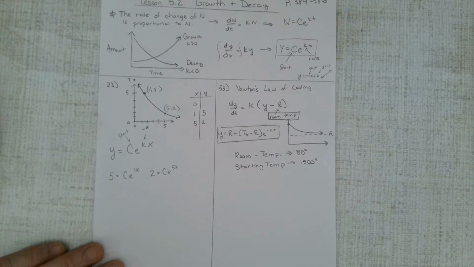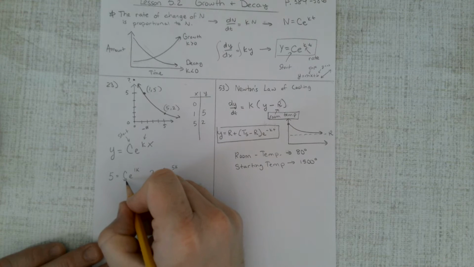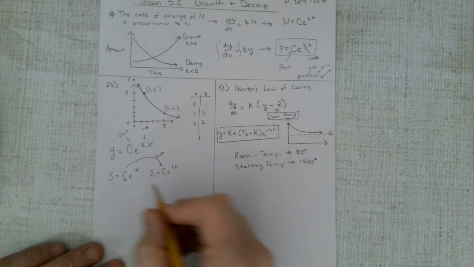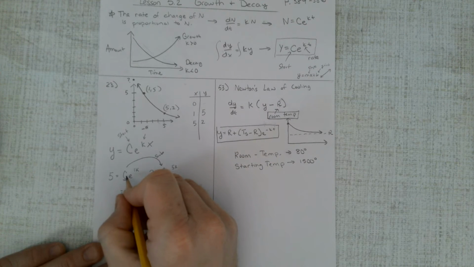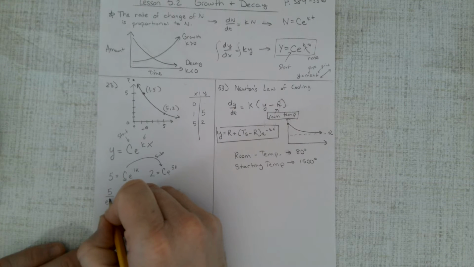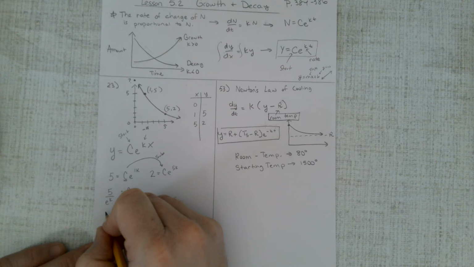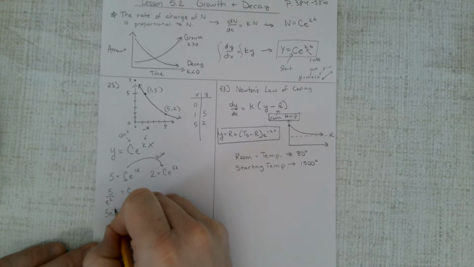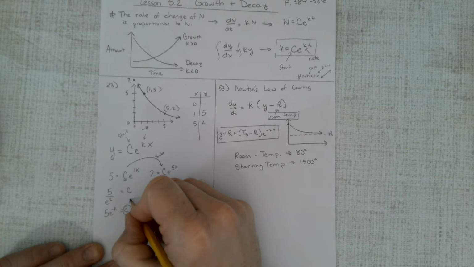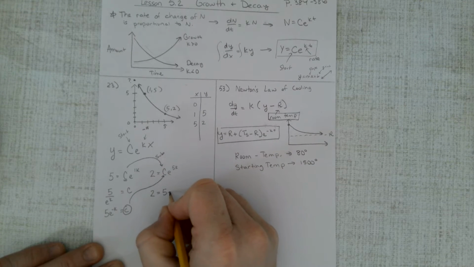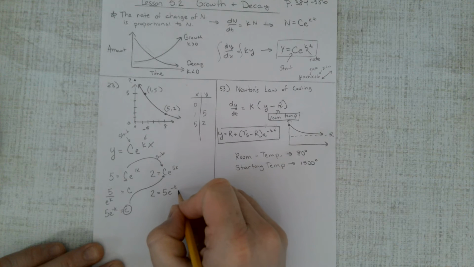Now I have a system of equations. So what do we do in algebra? We solve for one of them and plug it into the other one. That's called the substitution method. Let's solve for C in this one. Dividing over, I have 5 divided by e to the k, which I can clean up as 5e to the negative k.